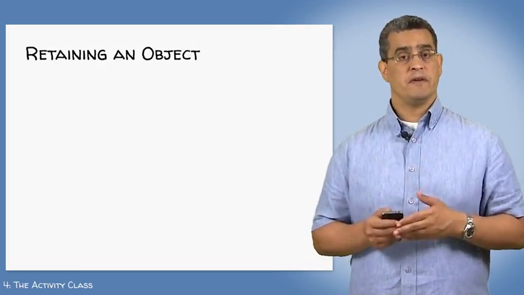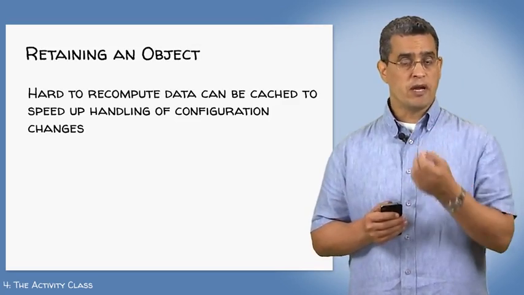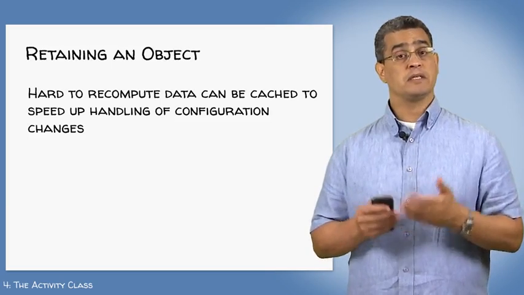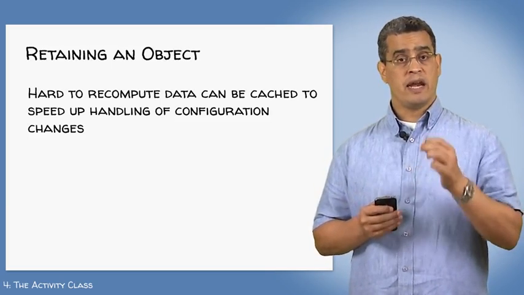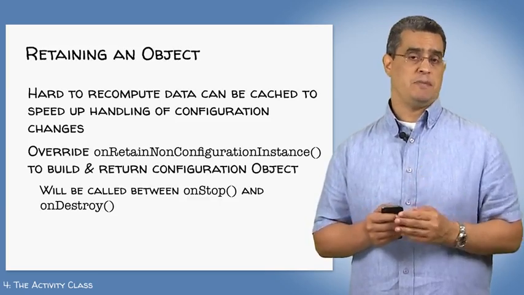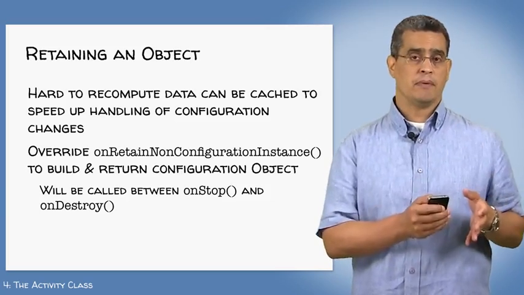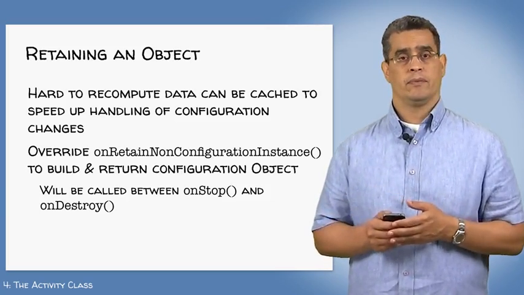So to speed up reconfiguration, I said you can cache hard to recompute data and store it in a Java object. And one way to do this is by overriding the onRetainNonConfigurationInstance method, which will be called sometime between onStop and onDestroy.